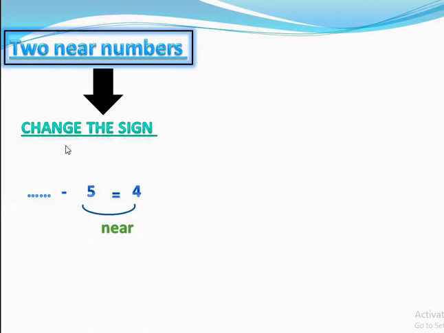If we have near numbers, change the sign. So here we have minus, so we are going to change the sign into plus. It will be 5 plus 4 equals 9. So the missing number here is 9.